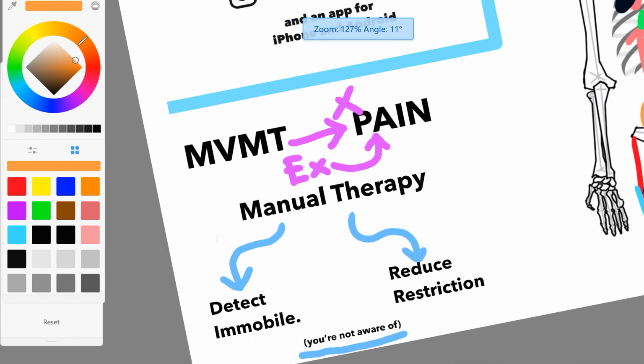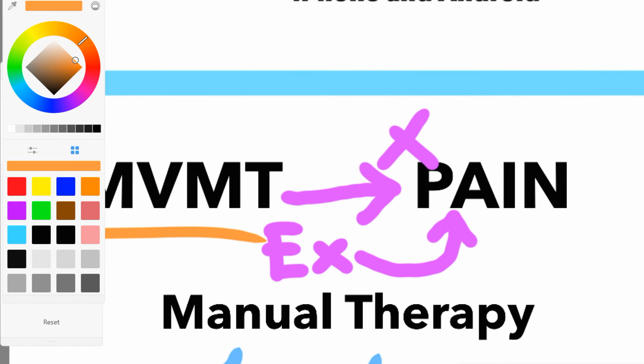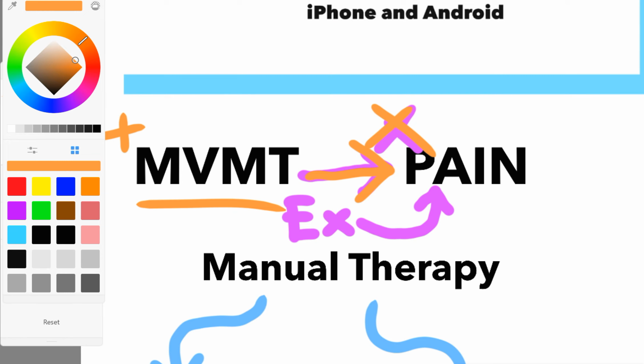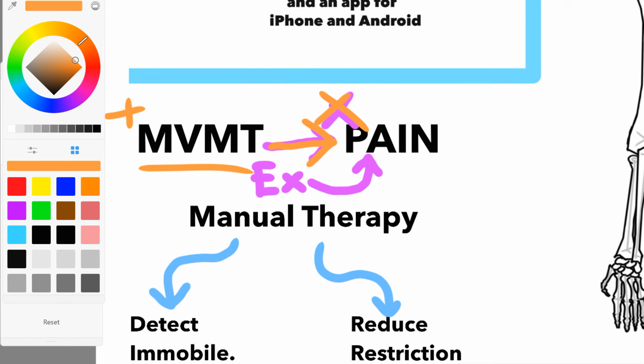Going back to our original point, as we add movement to an area, we increase the inhibition of pain. And I know that's a weird way of saying it, but as we increase movement, less pain gets through into the central nervous system, less pain gets through to our awareness, and so therefore we feel less pain.